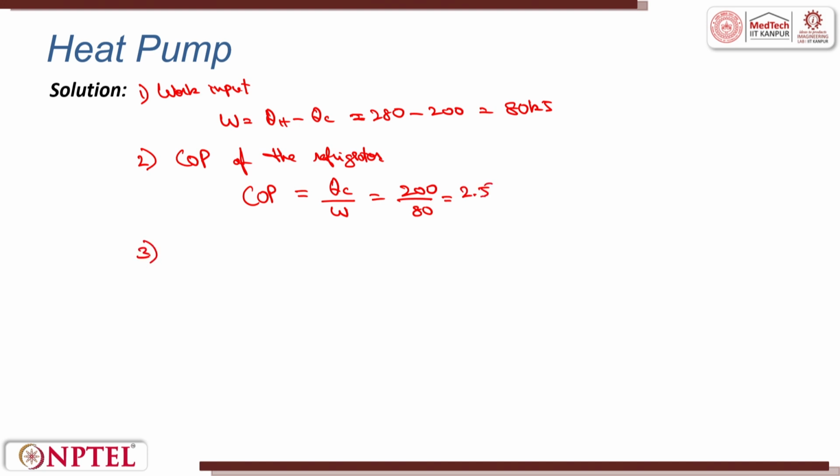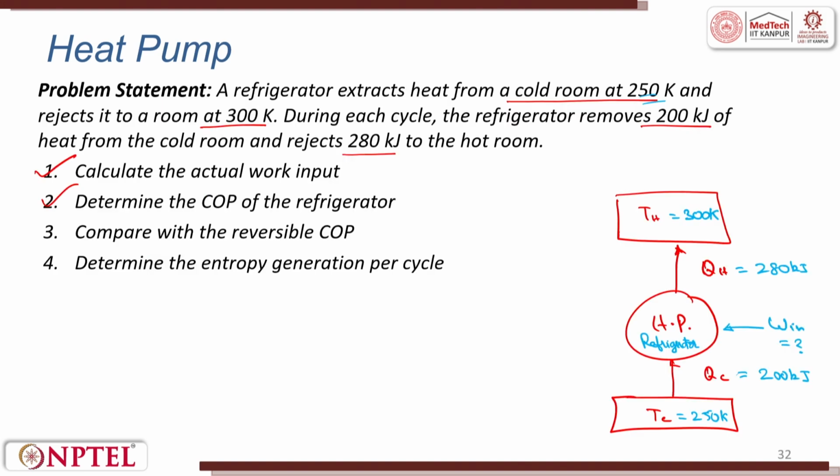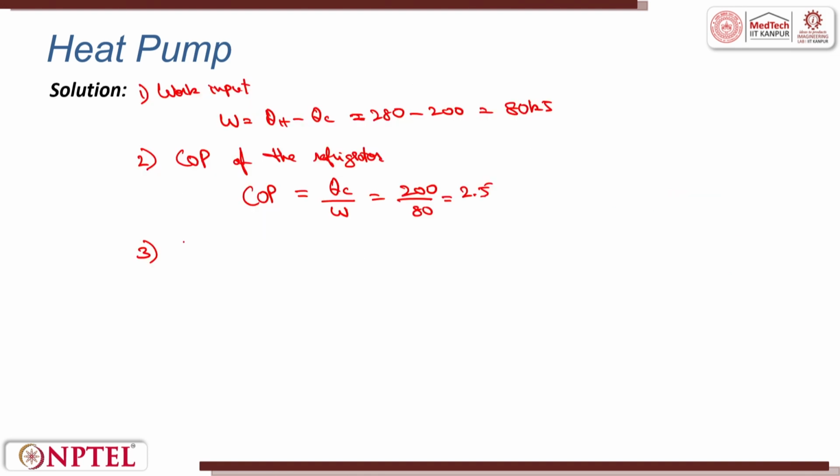Then comes the third part, reversible COP to be calculated. This COP reversible is equal to the Carnot COP, that is the temperature of the colder body divided by the difference between the temperature of the hotter body minus the temperature of the colder body.